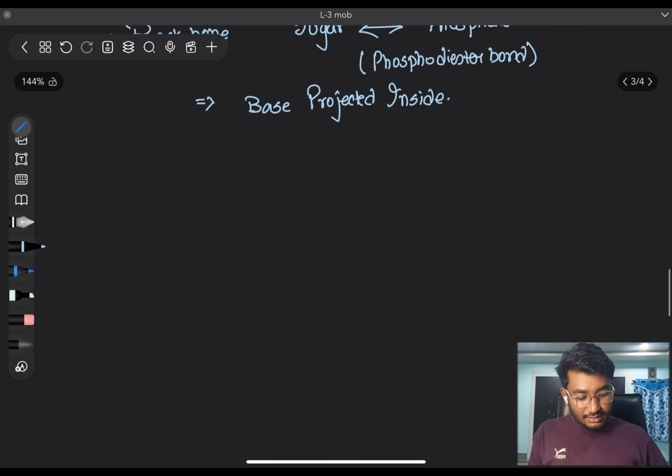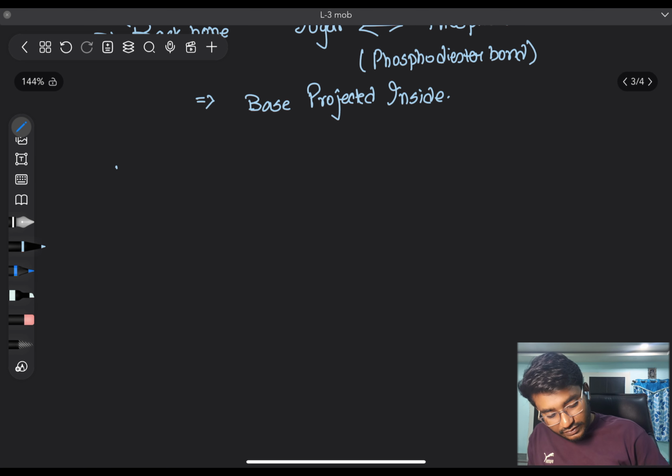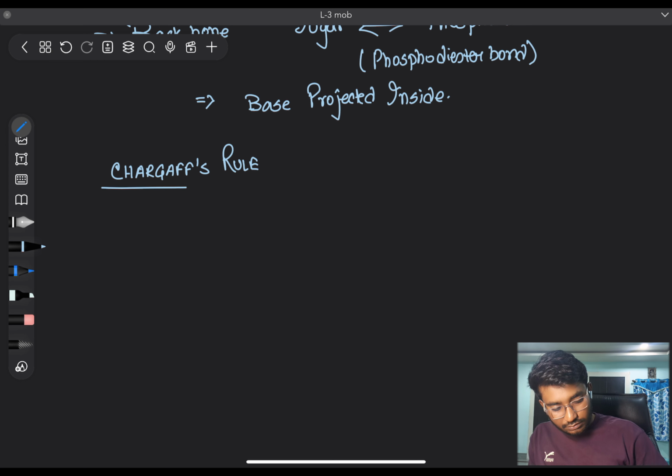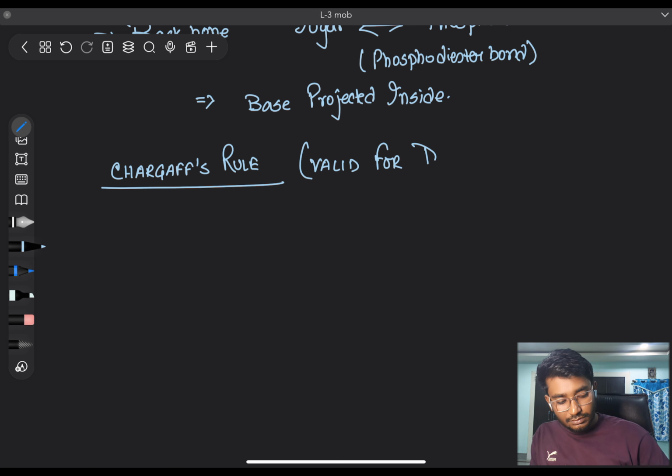Now, Chargaff's rule. It is valid for double-stranded DNA.